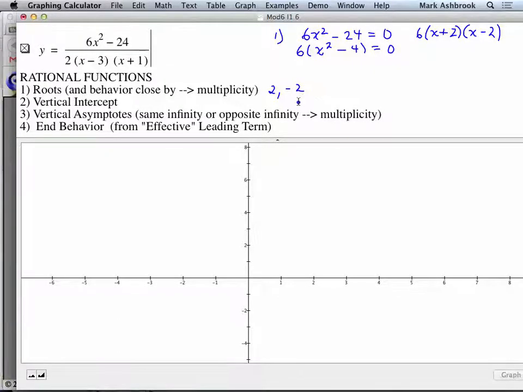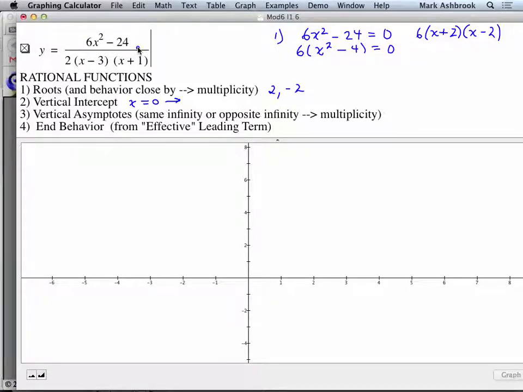Okay, y-intercept. Audie, you said x is 0. What's the numerator when x is 0?